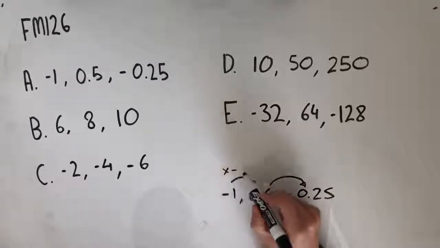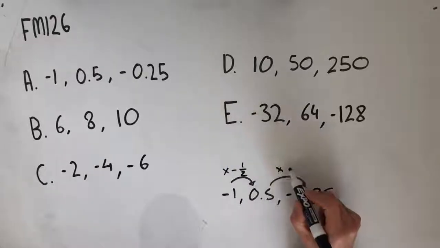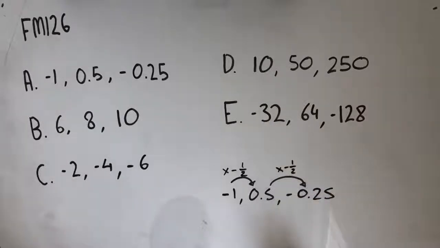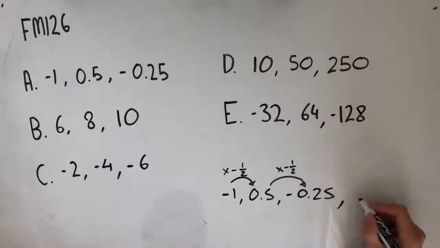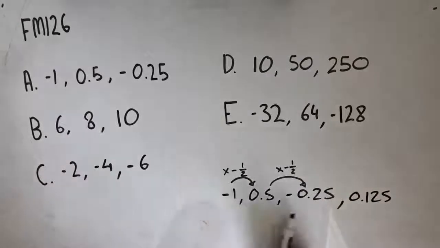So we're timesing by a -1/2 in order to increase through this sequence. So our next step, if we were to move in this direction, would be to times -0.25 by -1/2, which should land us at +0.125.